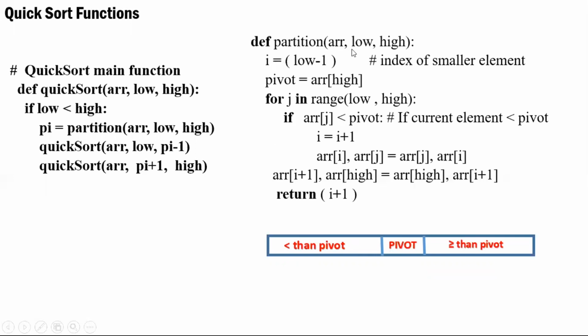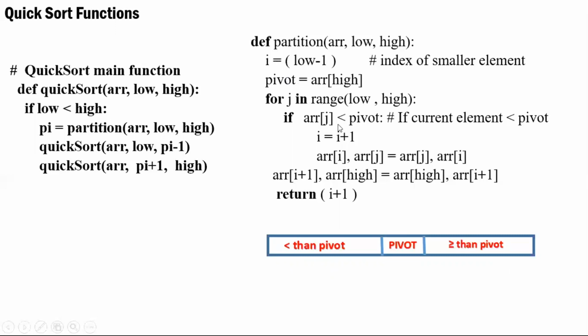The partition function can be implemented in several ways. We have to organize two indices. They can grow in the same direction, or the two indices can grow in opposite directions. Another implementation: we first assign low minus 1 to index i, assign the last element to the pivot, and we start a loop for j in range low to high.